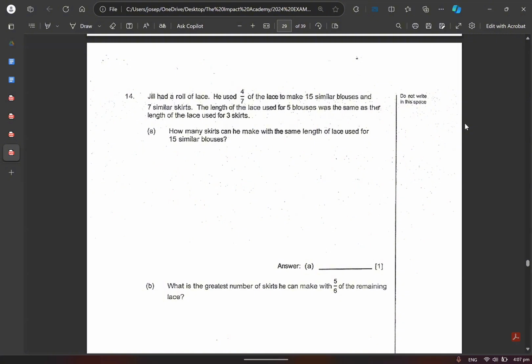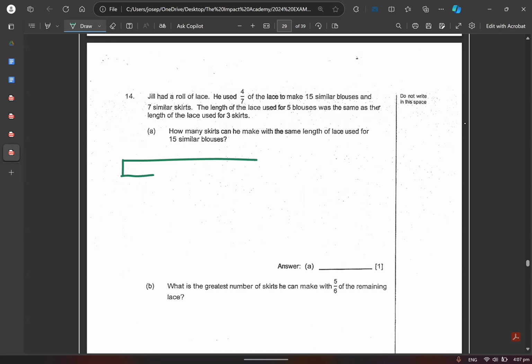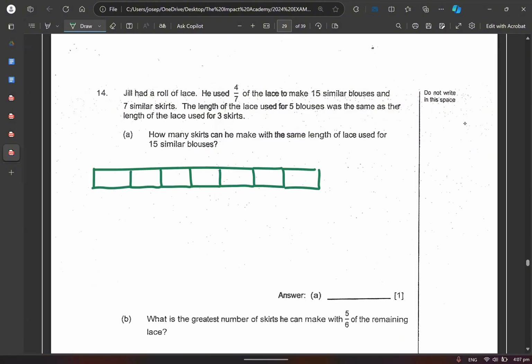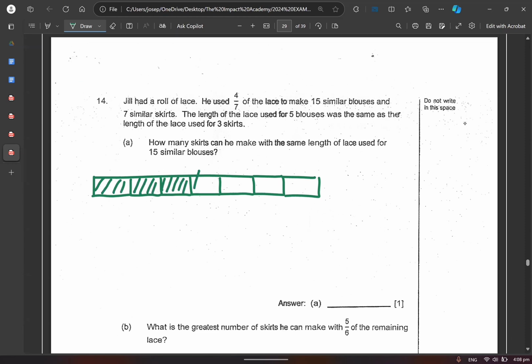This person had a roll of plays. So what did she do? She used 4/7 of it. All right. So what I want to do is I want to draw 7 parts first. 3, 4, 5, 6, 7. Right. He used 4/7 of it. So I want to shade 4 parts to do what?